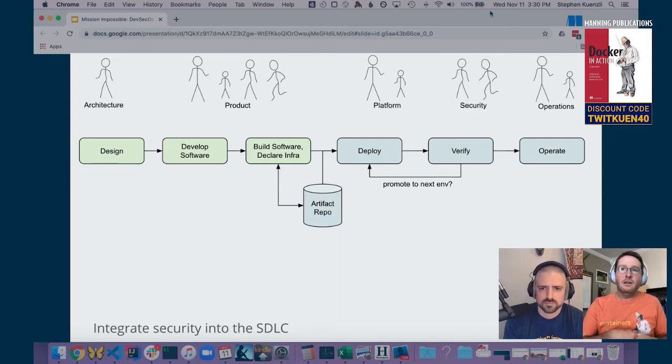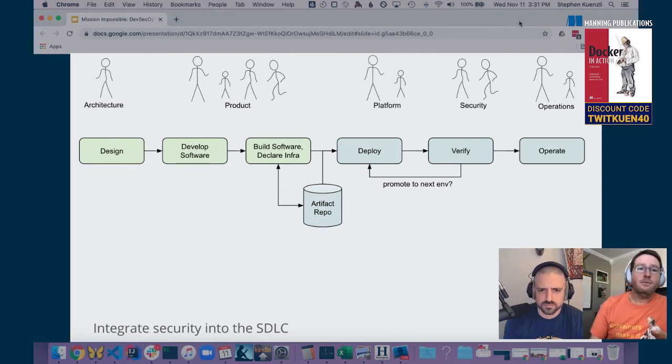We've got some phases where we design and then we build and then we deploy and then we operate. And when we think about integrating security into this delivery lifecycle, there are certain activities we need to perform and outputs we should expect at each of these phases.